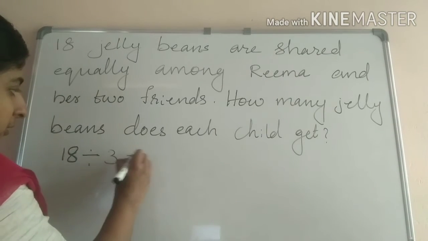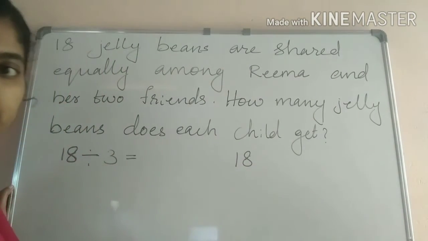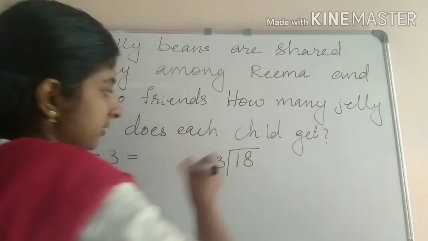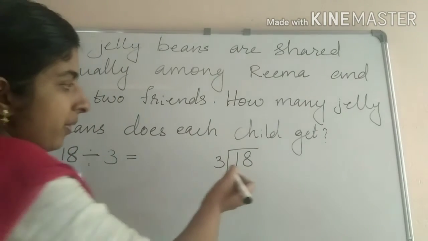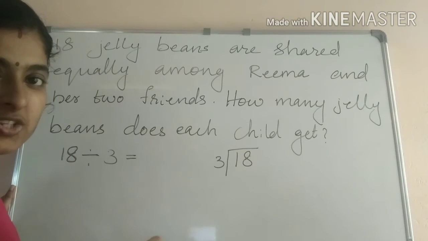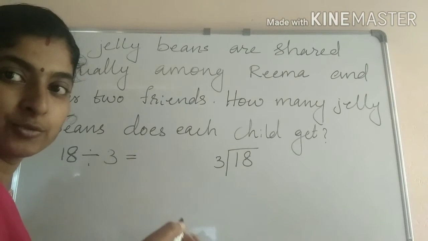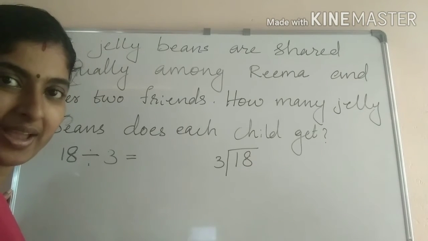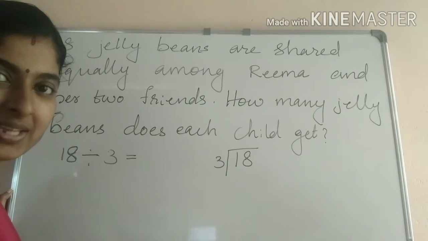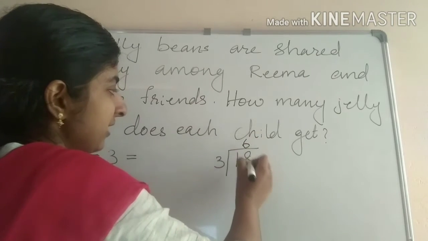3 is equal to 18 divided by 3. How many 3s are in 18? See the multiplication table of 3. 1 3 is 3, 2 3s are 6, 3 3s are 9, 4 3s are 12, 5 3s are 15, 6 3s are 18. 6 3s are in 18.